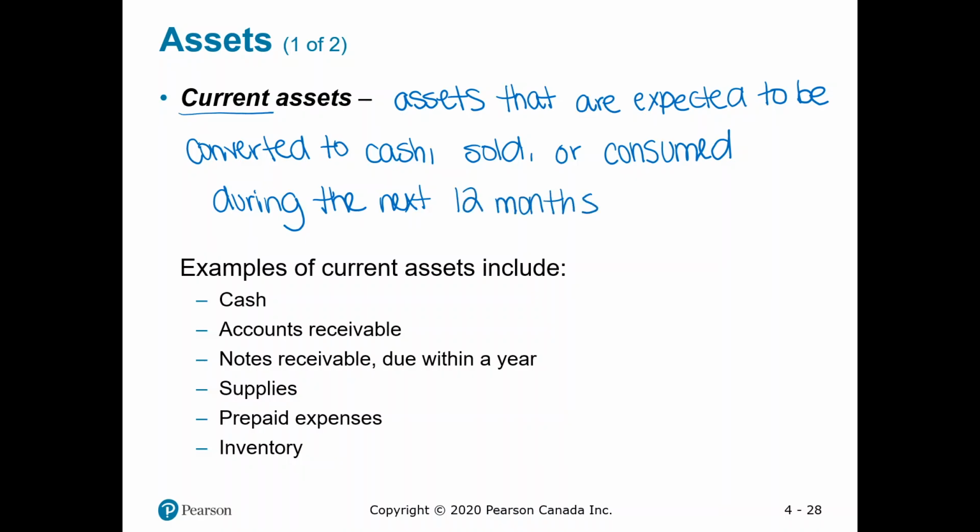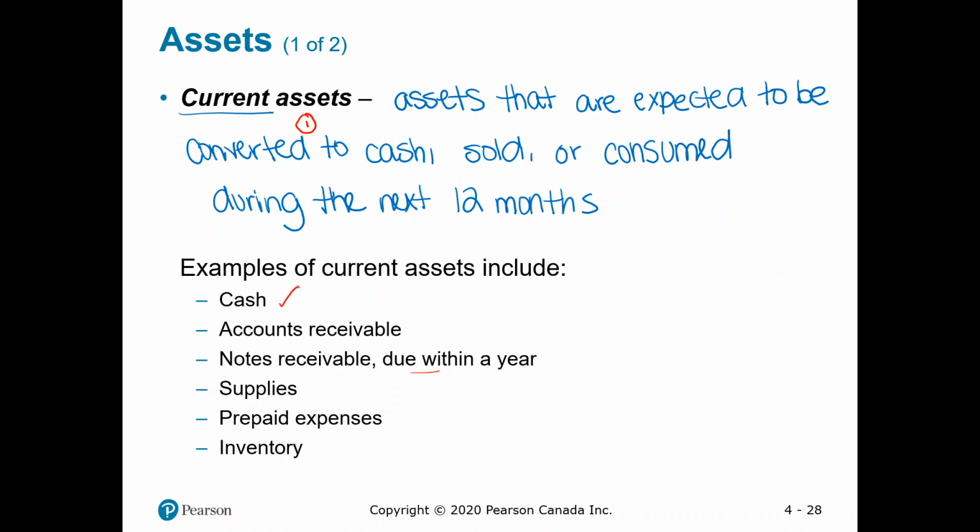Or the next year. We can see there's 3 different ways to use up or have an asset be current. So the first is that you convert it to cash in a year. If we look at the examples here: cash, accounts receivable, notes receivable due within a year, supplies, prepaid expenses, and inventory.